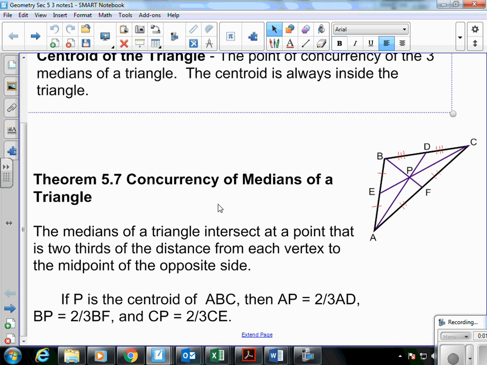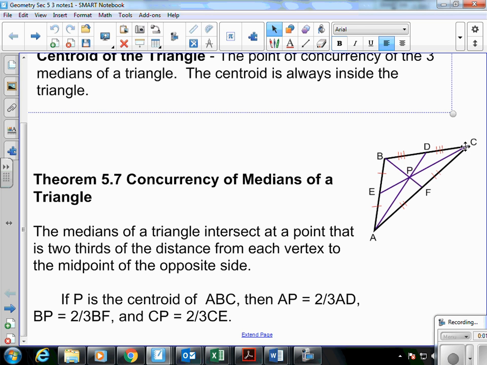a point that is 2/3 of the distance from each vertex to the midpoint of the opposite side. So from the vertex to the centroid is 2/3 of the total length of that segment. Whatever the length of BF is, BP is going to be 2/3 of that length.